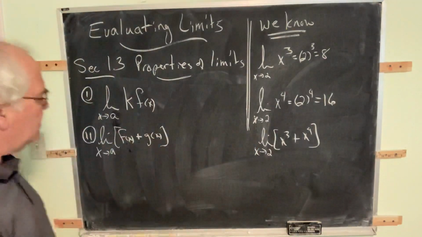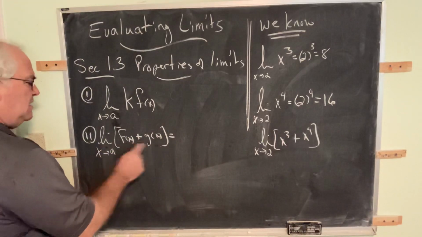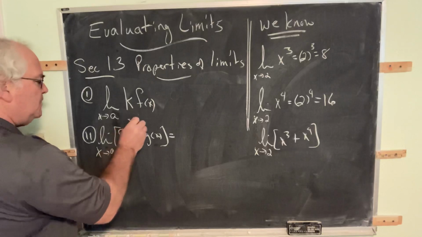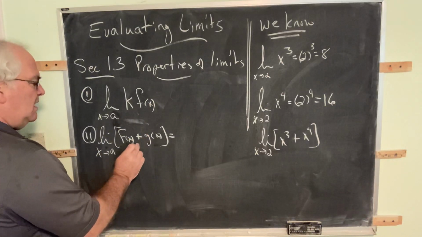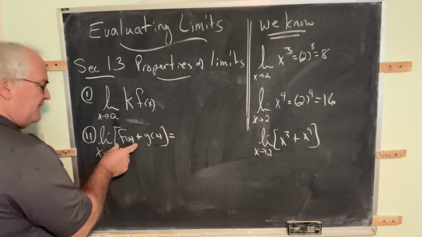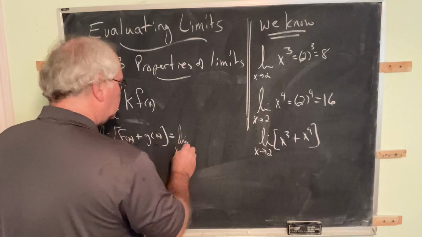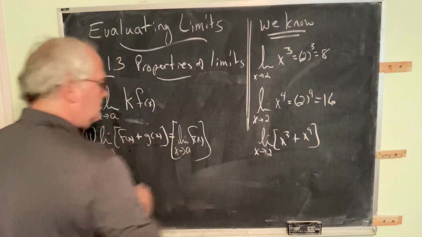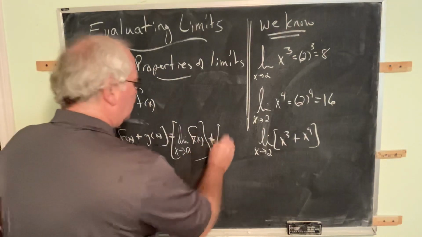And it turns out the rule is this. The limit of the sum, all you do is this. You take the limit of the first one, and you add to it the limit of the second one.